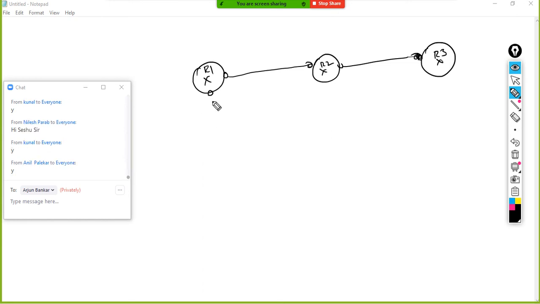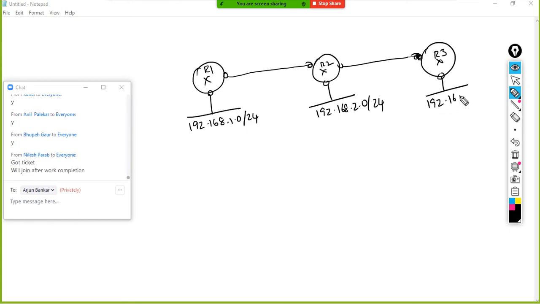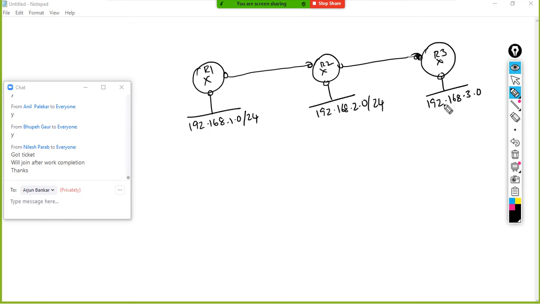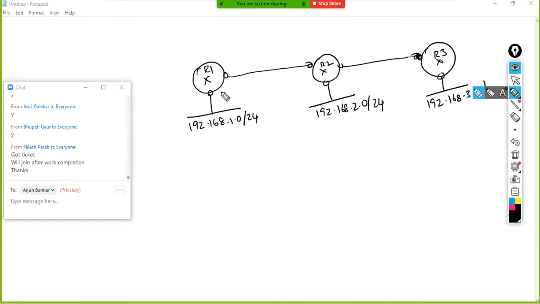Good. Then after that, you can say 192.168.1.0/24 and 192.168.2.0/24, and then 192.168.3.0/24. Everybody understand this? Now between router 1 and router 2, I'm going to configure, let's say, 104.